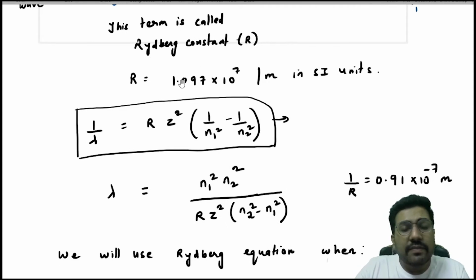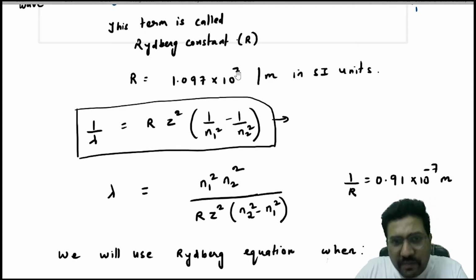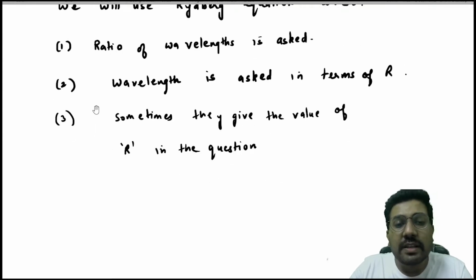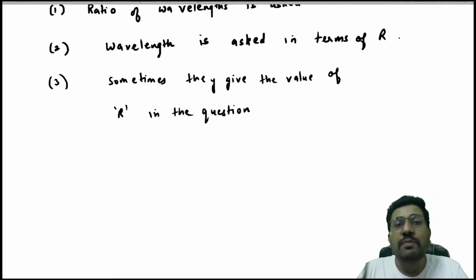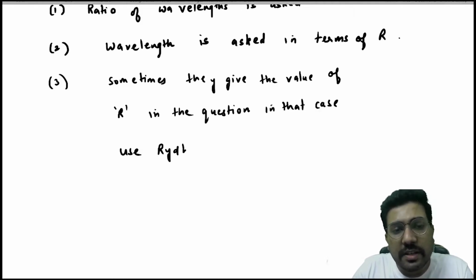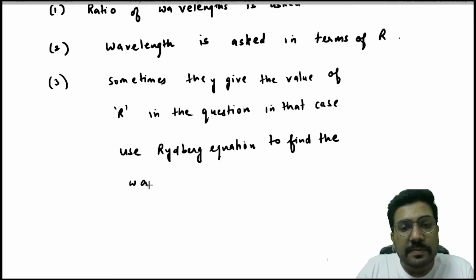If the value of the Rydberg constant is different from this, suppose they have given 1.1, or 1.2, or even say only 1, in that case what will you do? You will use the Rydberg equation, because the learned formulas will not be useful then, since they have changed the value of the Rydberg constant. So if they give the value of the Rydberg constant in the question, use the Rydberg equation to find the wavelength.